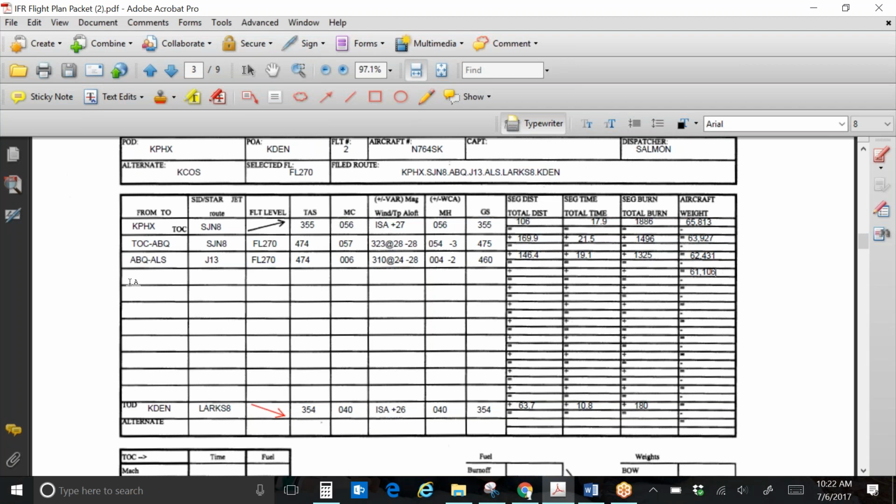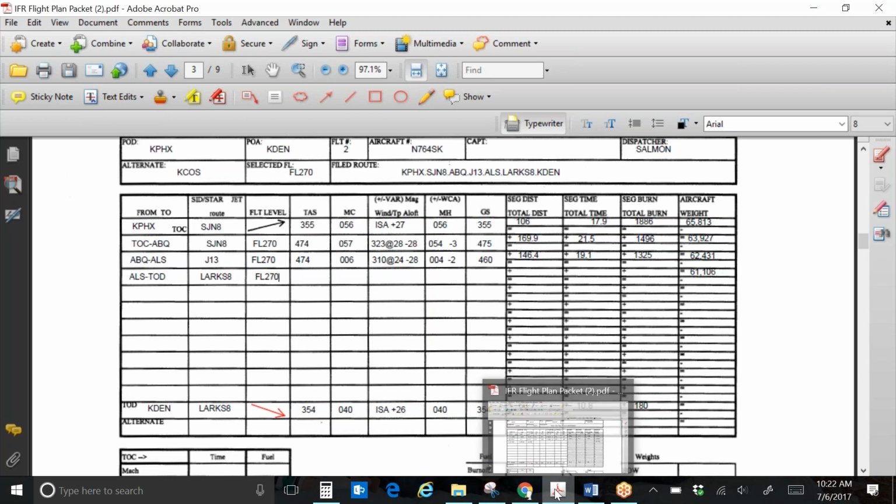I'm pretty sure the next leg, we're just going to go Alamosa to our top of descent. Remember Alamosa was the transition that we're using, so that's going to be via the Larks 8, and it's all going to be at flight level 270.